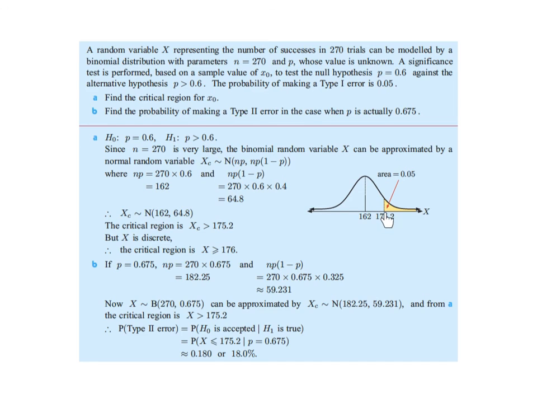Therefore, to find the critical region and the critical value, it's much easier on a normal distribution, because then we can use the inverse normal. So that's why these approximations are useful. And remember also the continuity correction when you approximate a discrete distribution by a continuous one.